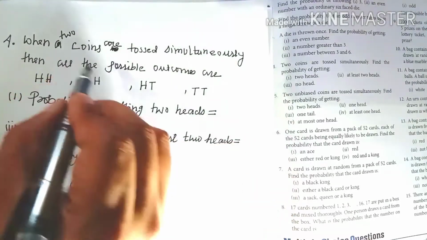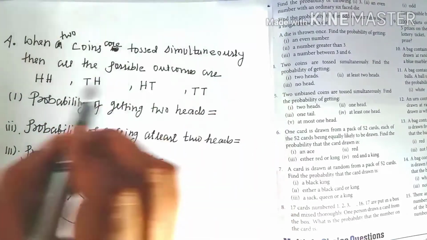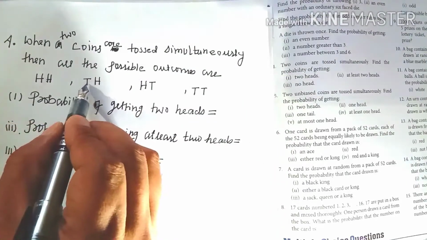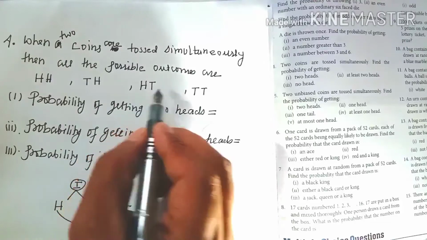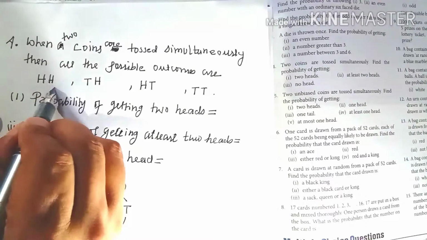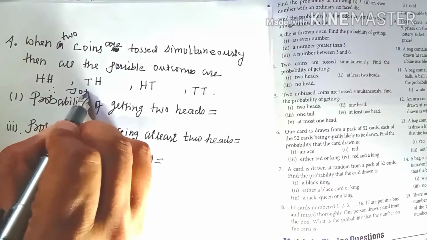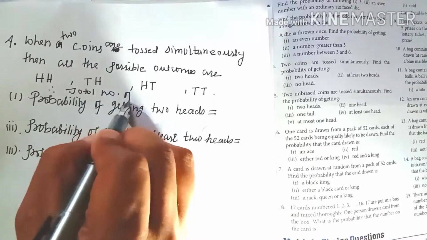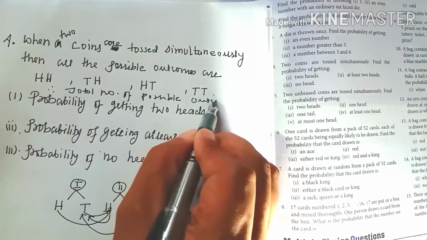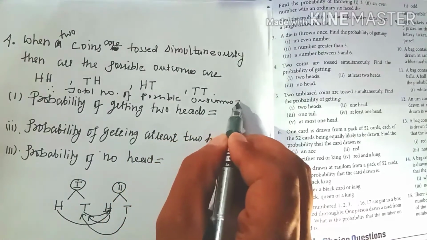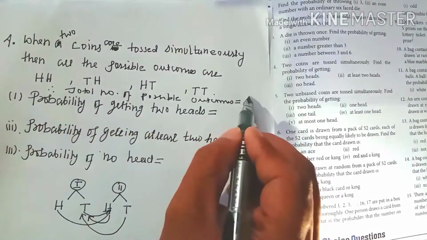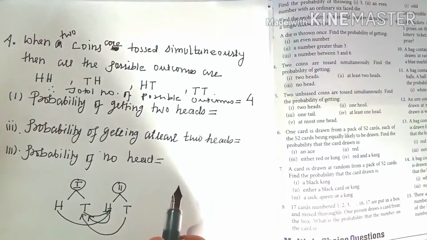So when 2 coins are tossed simultaneously, all the possible outcomes, or the sample space, are head head, tail head, head tail, or tail tail. Now the total number of possible outcomes when a coin is tossed twice is 1, 2, 3, 4. So the total number of possible outcomes will be 4.